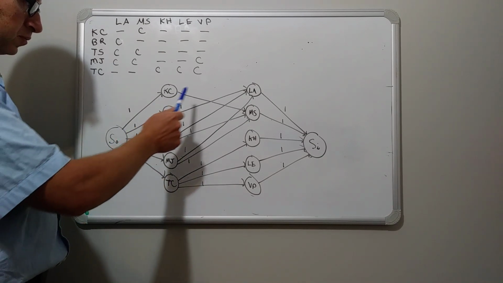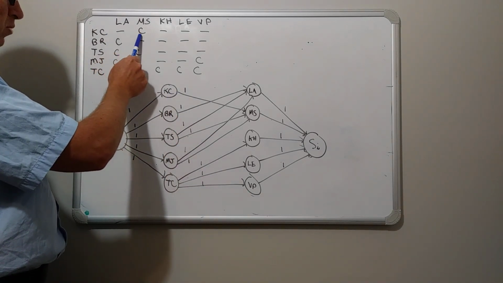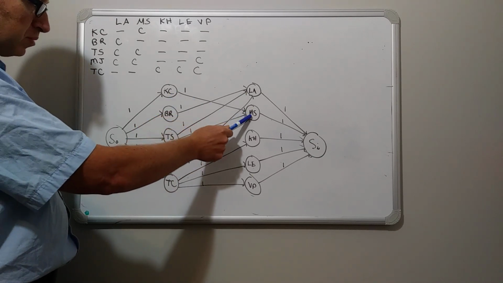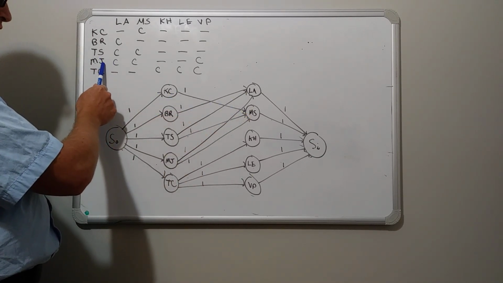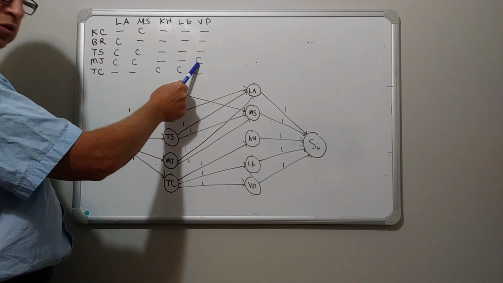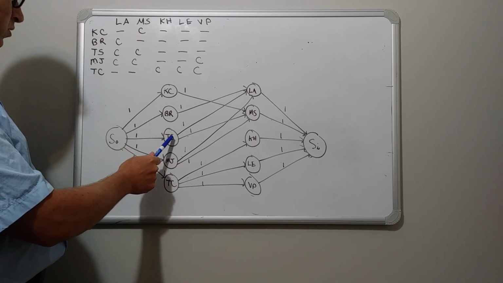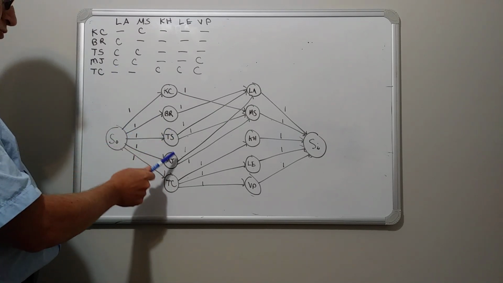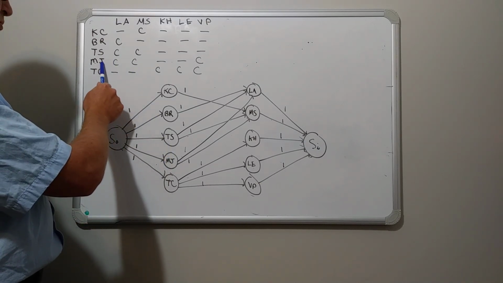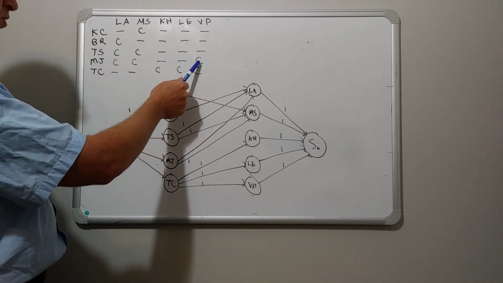And KC is compatible with MS, so we have a connection from KC to MS. MJ is compatible with LA, MS, and VP. So you can see that there's 3 connections, MJ to LA, MJ to MS, and MJ to VP.